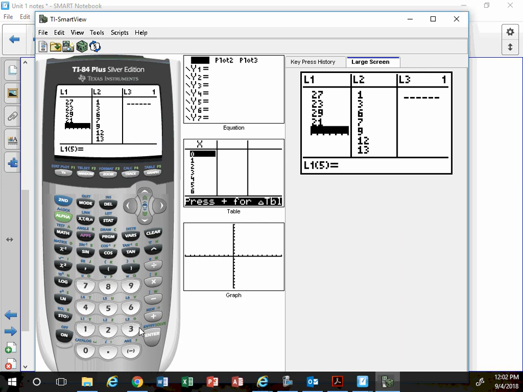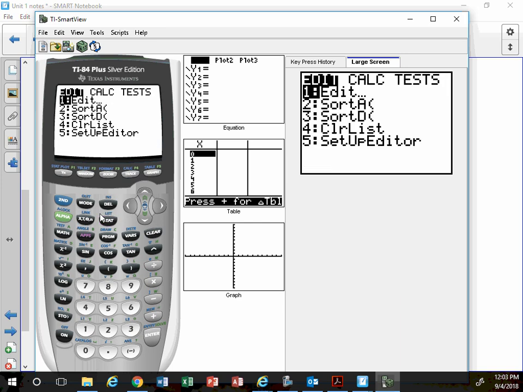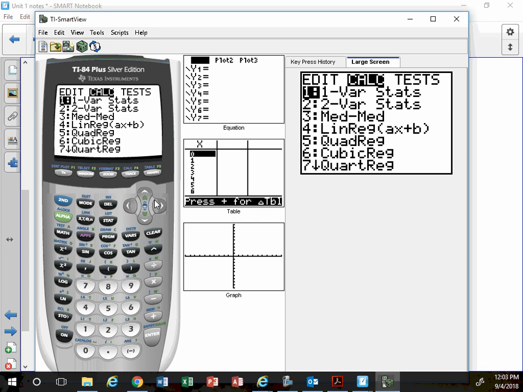All right, clearly the list I had here, this frequency list, has nothing to do with this, right? Okay. It's fine if it's still there. We don't need it right now, but that's okay to leave it. All right, so let's go back to our stat. Arrow over to calc.